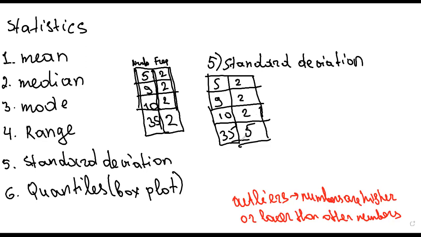So guys, what do you think? The numbers are the same, so which has the higher standard deviation? Any guesses? Exactly. This second table has the higher standard deviation, because if the frequency of outliers is higher, it means it has a higher standard deviation.